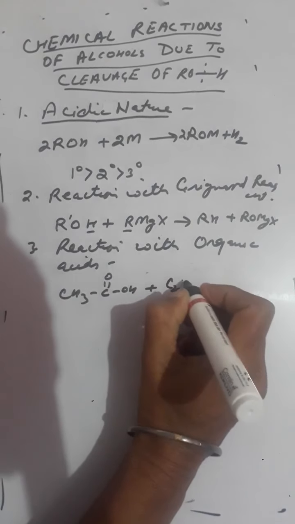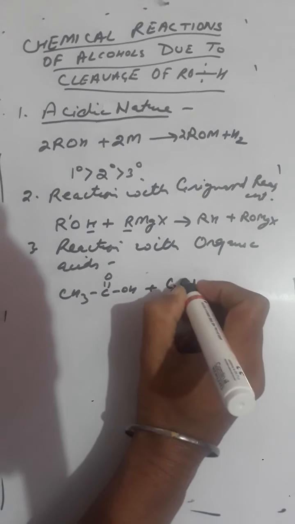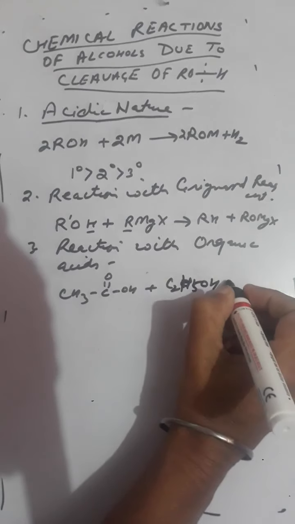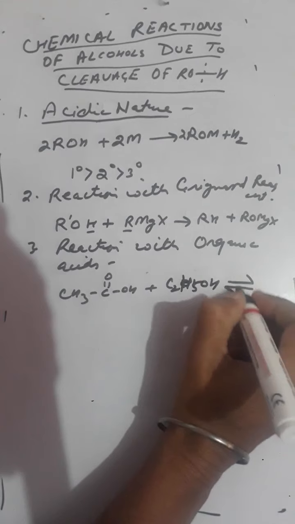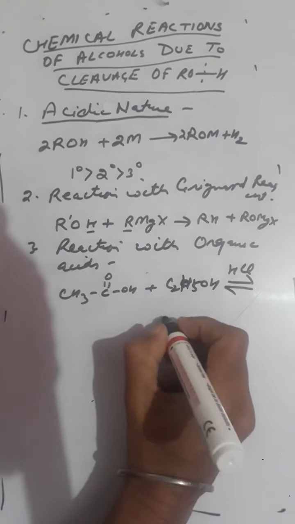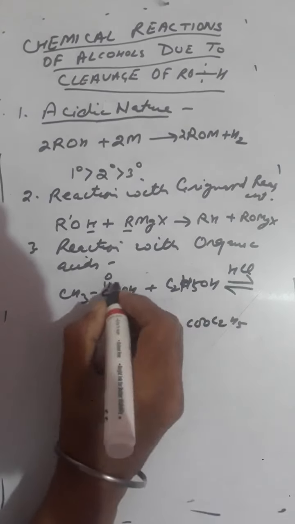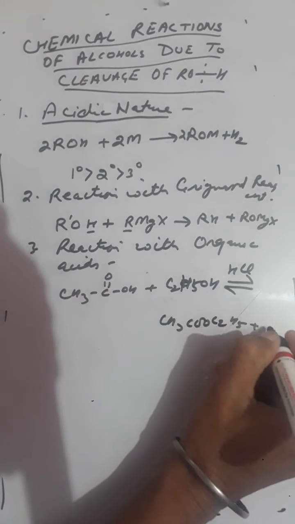When this reacts with C2H5OH, that is ethanol, in the presence of HCl, it will give CH3COOC2H5 with liberation of water.